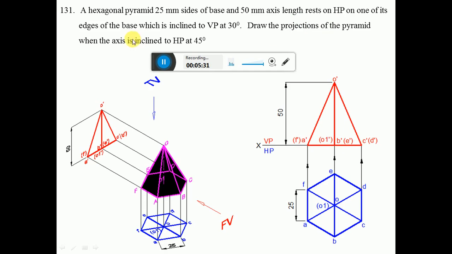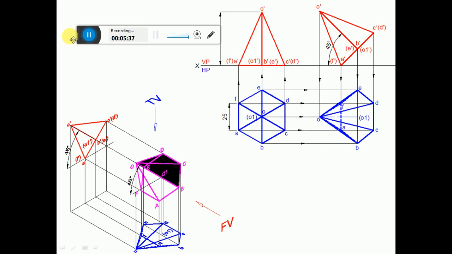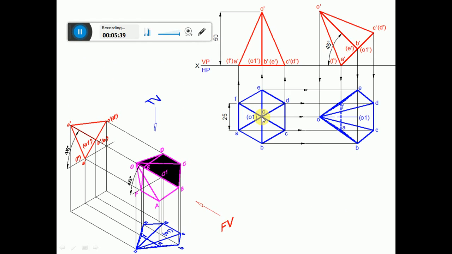Draw the projections of the pyramid when the axis is inclined to HP at 45 degrees. Now here, since the axis is parallel to VP, that is OO1 is parallel to VP, so I am getting the true length here. But the inclination given is also true inclination. So since the axis is inclined at 45 degrees, the base also has to be inclined at an angle of 45 degrees.